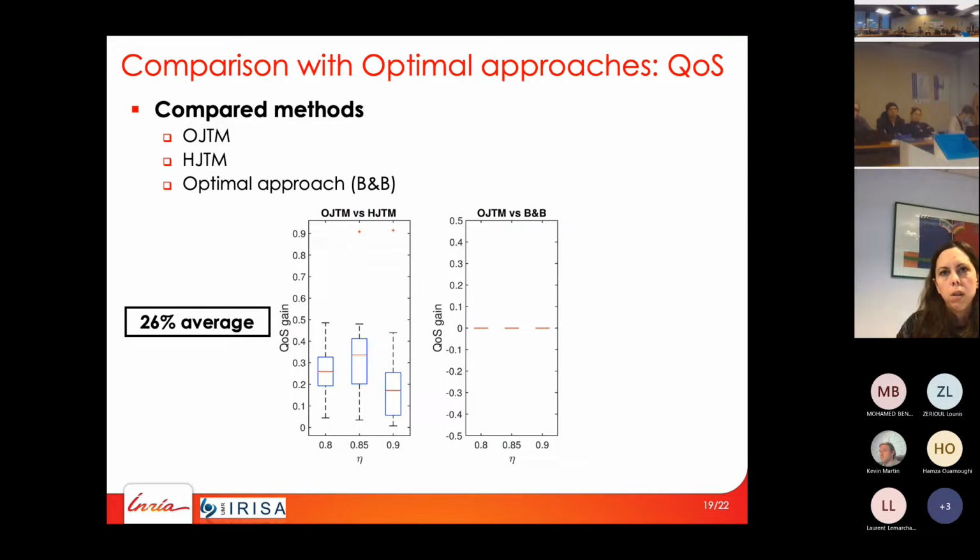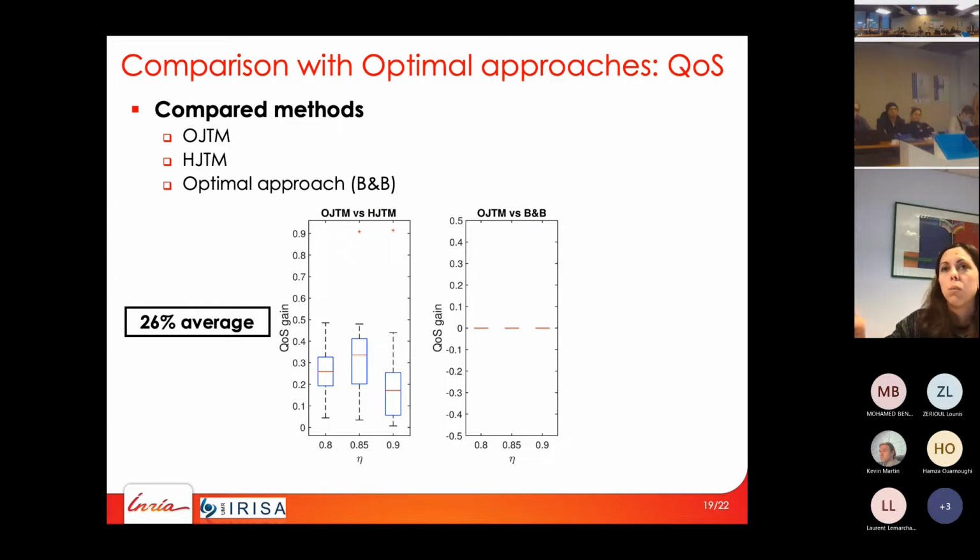And the three vertical columns there are the different efficiency factors for the energy. So overall, the heuristic is on average 26% worse than the optimal approach.